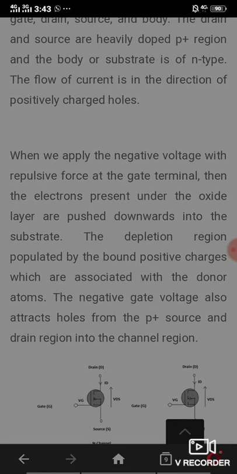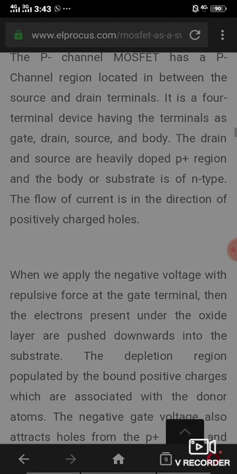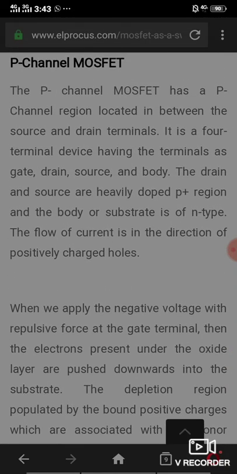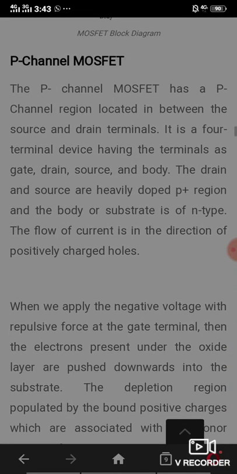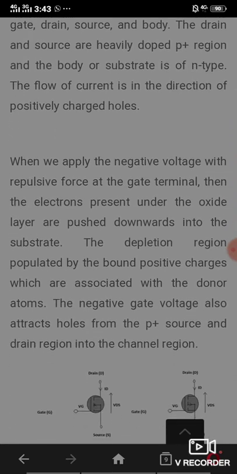When we apply a negative voltage with repulsive force at the gate terminal, the electrons present under the oxide layer are pushed downward into the substrate.